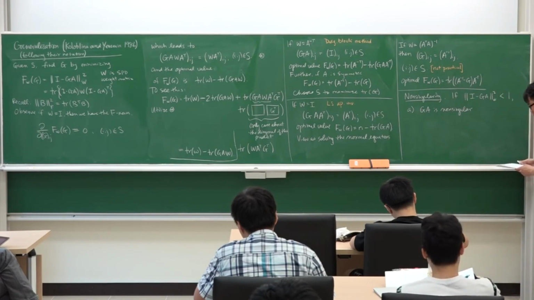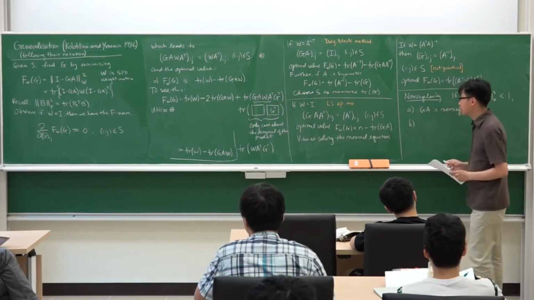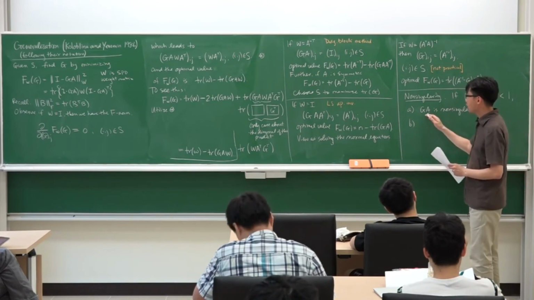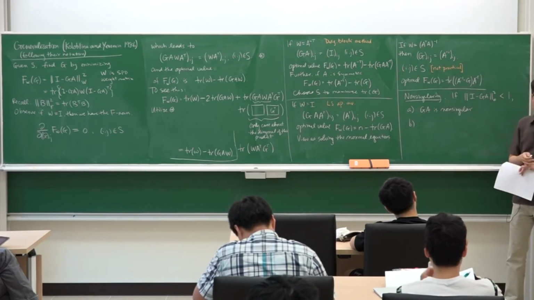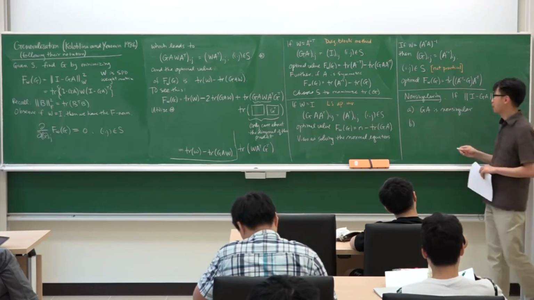The second, we can say something about the condition number of GA. So GA is the preconditioned matrix, right? So we want the condition number of that matrix to be small.